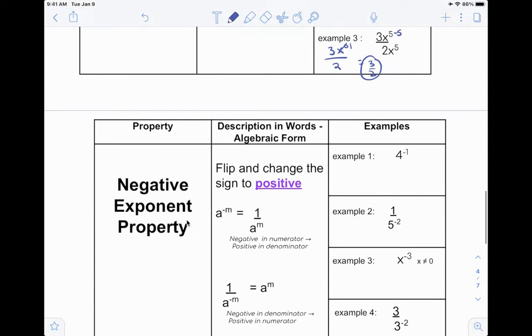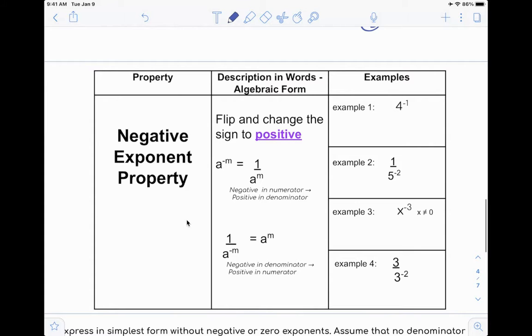We're now going to take a look at the negative exponent property. We flip and change the sign to positive. So if the negative is in the numerator, we change the exponent to positive and rewrite the base in the denominator. If the negative is in the denominator, we rewrite the exponent positive and the base is now in the numerator.